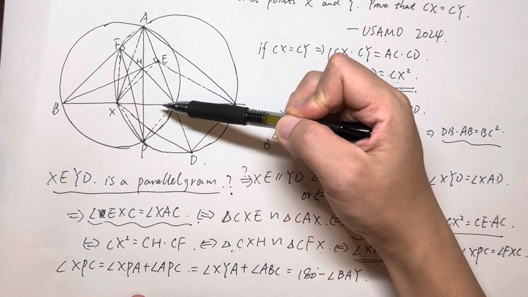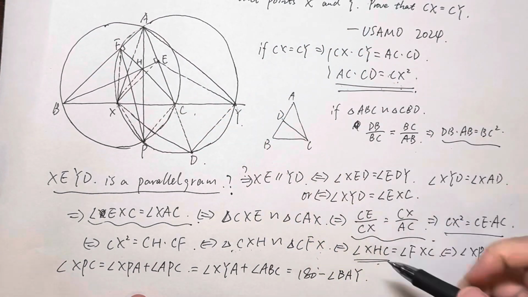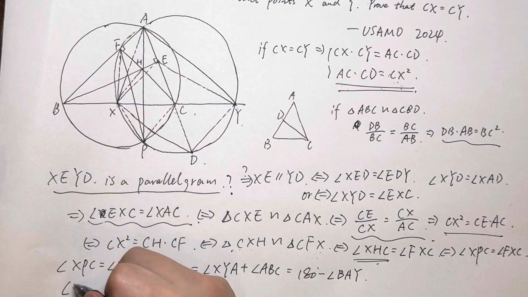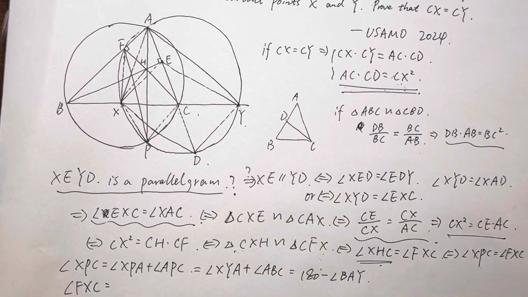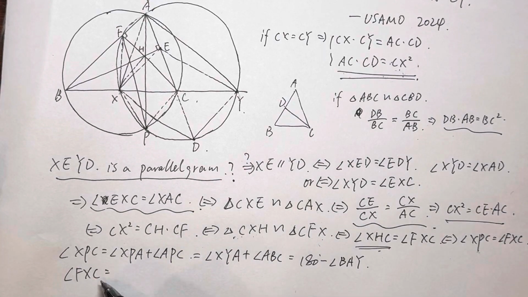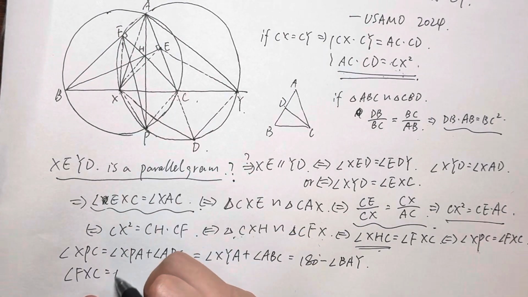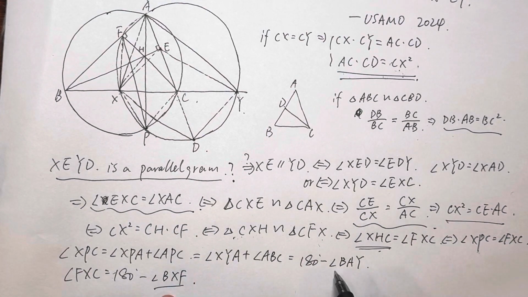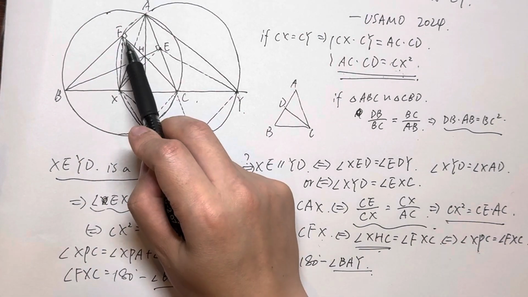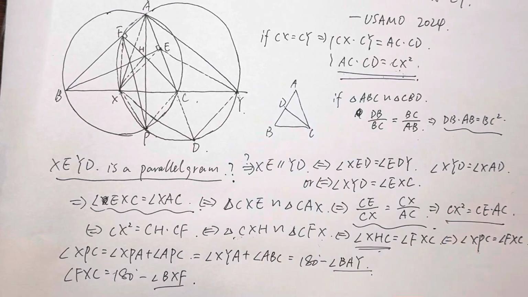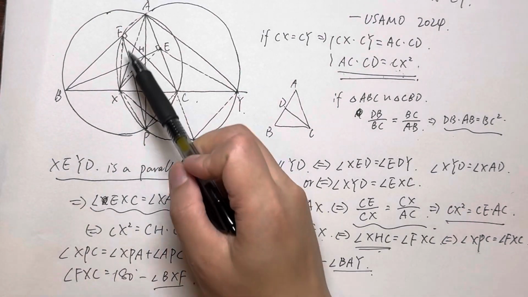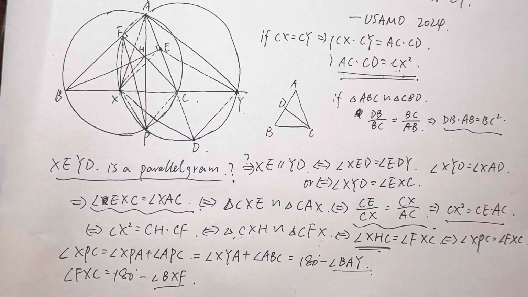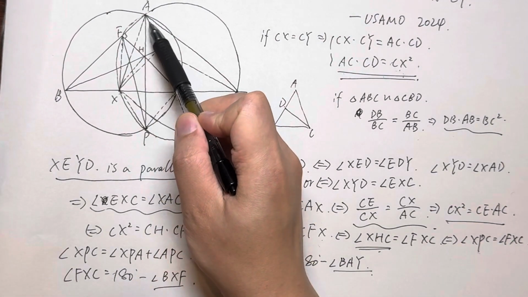Angle FXC equals 180 degrees minus angle BXF. Right, now we want to prove that angle BXF equals angle BAY. And it is obvious just because FXYA are cyclic, right? So this angle equals this one.